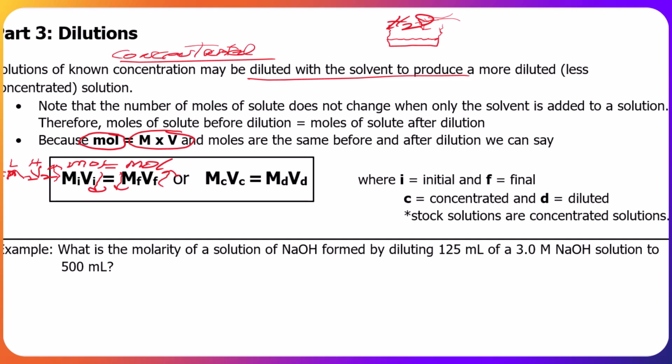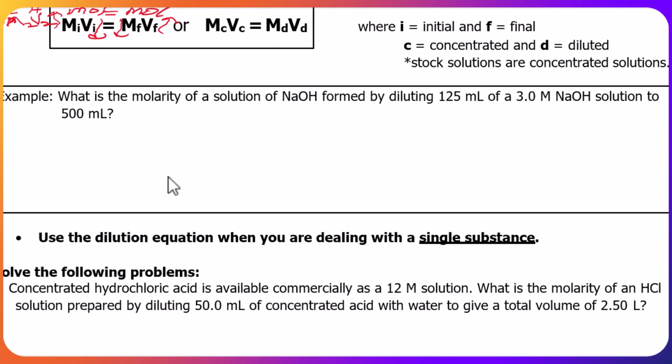All right, so here we go. What is the molarity of a solution of sodium hydroxide formed by diluting 125 mL of 3 molar solution to 500 mL? So here's the deal. We need M1 V1 equals M2 V2.